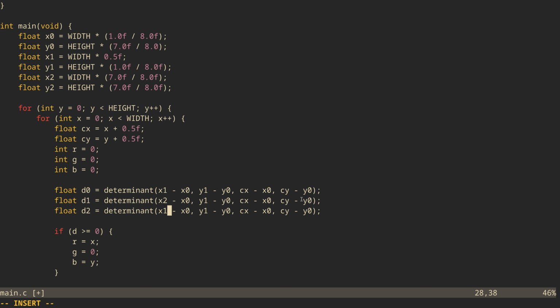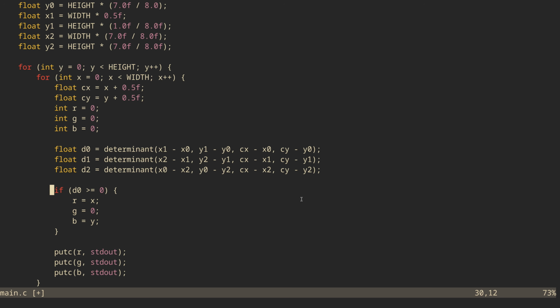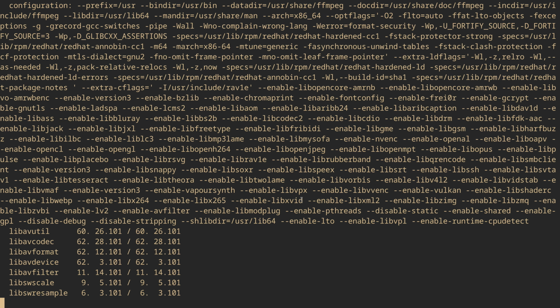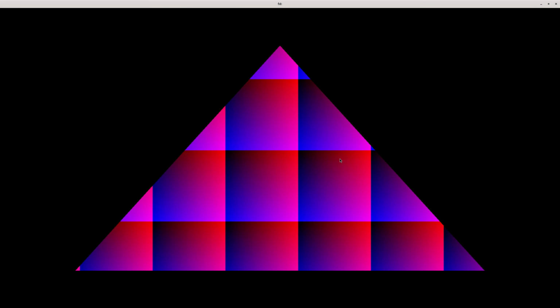So it'll be 1, 2, 0, 0, 1, 2. Like that. And then if all three are greater than or equal to 0, we fill in a pixel.